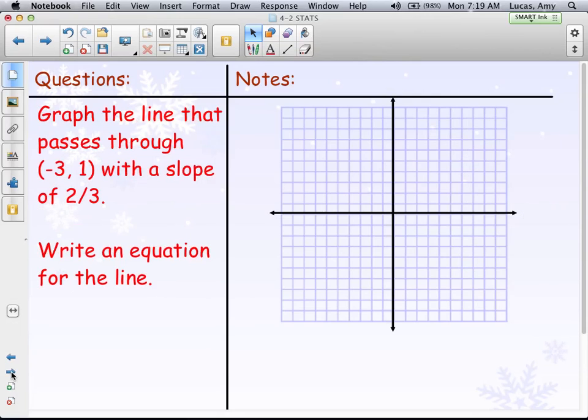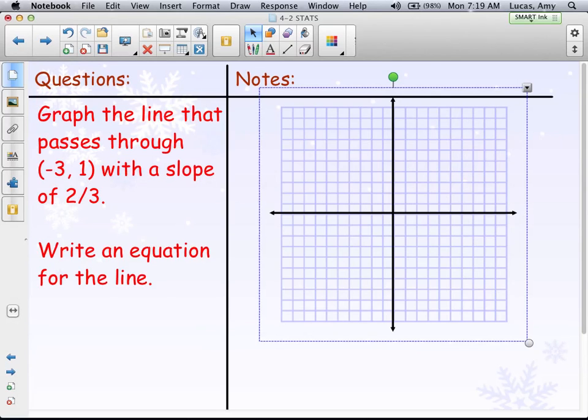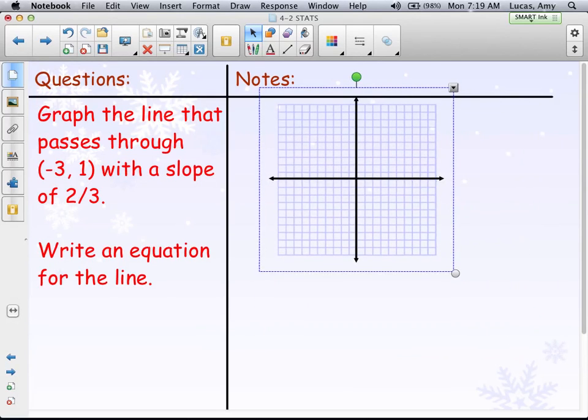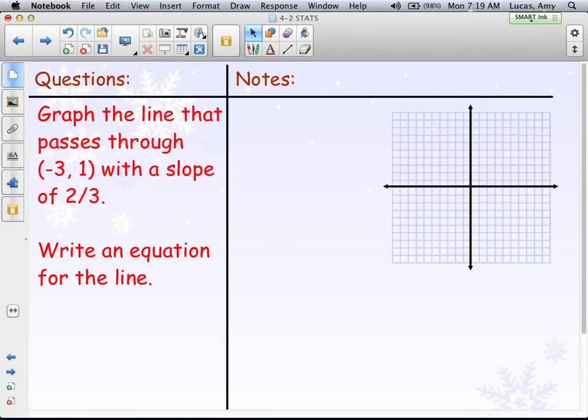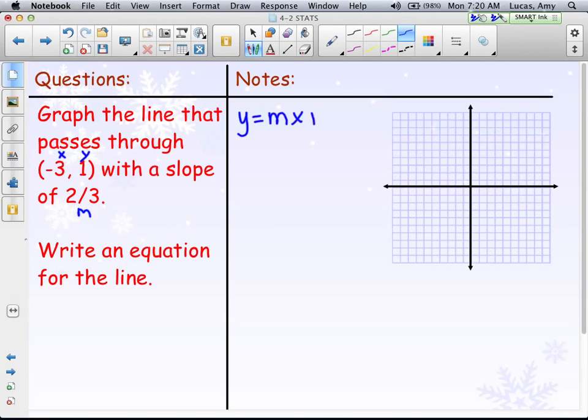Okay, next one. I've got a fraction on this one, and this one looks the same as the rest, so we need an equation and a graph. So I am going to do my slope-intercept form first. X coordinate, y coordinate, slope is m. So 1 equals 2/3 times -3 plus b.